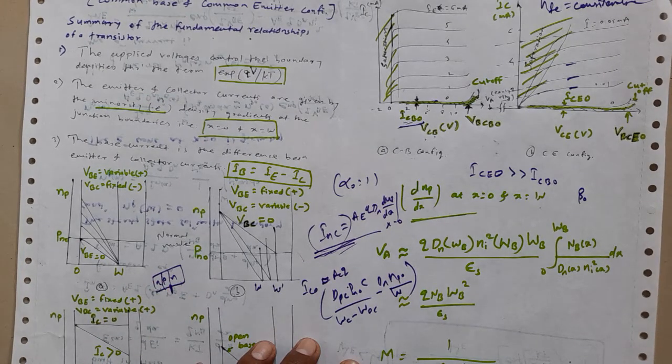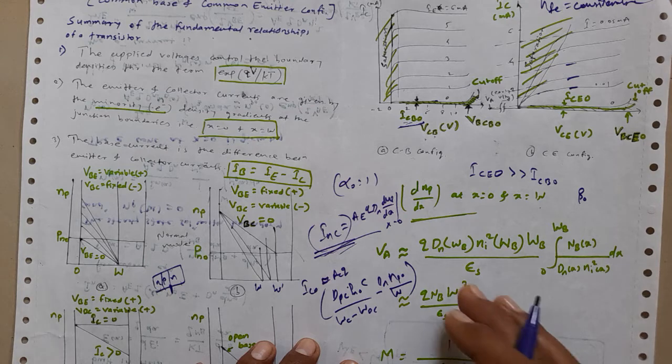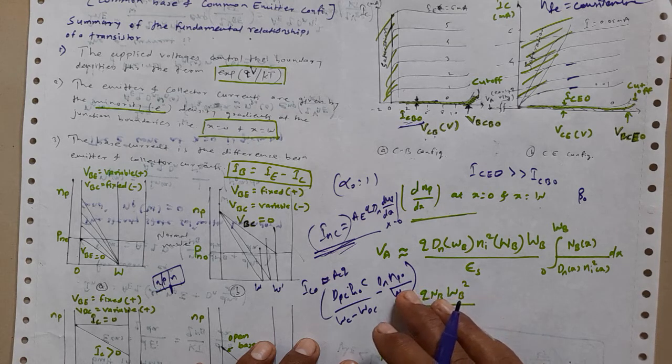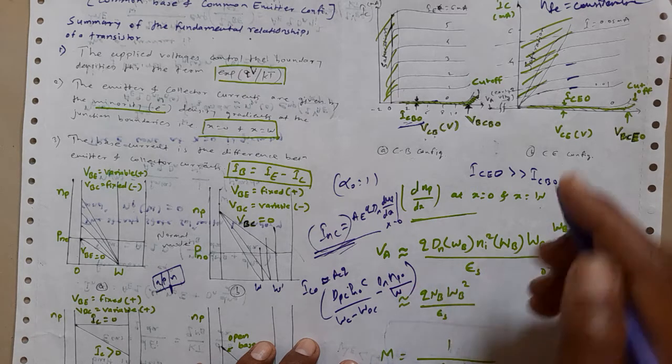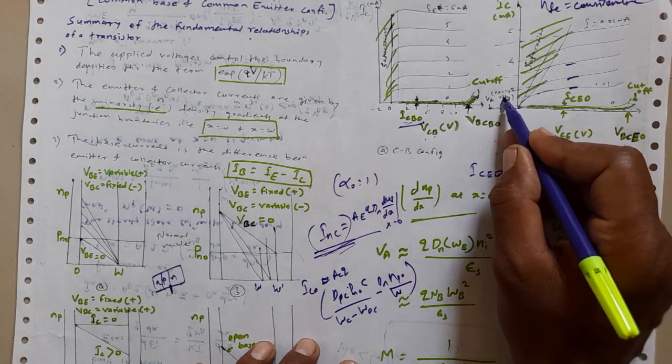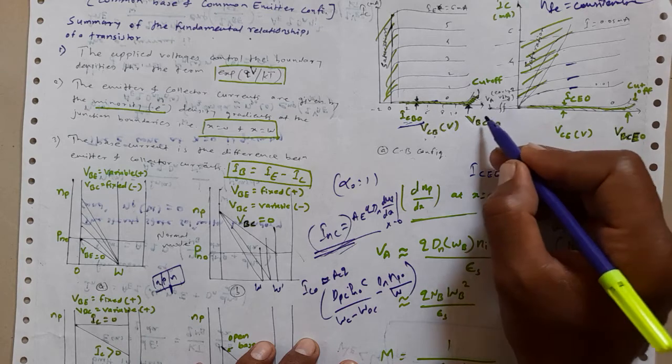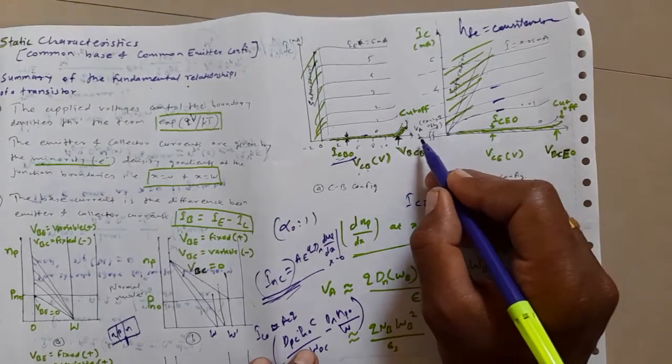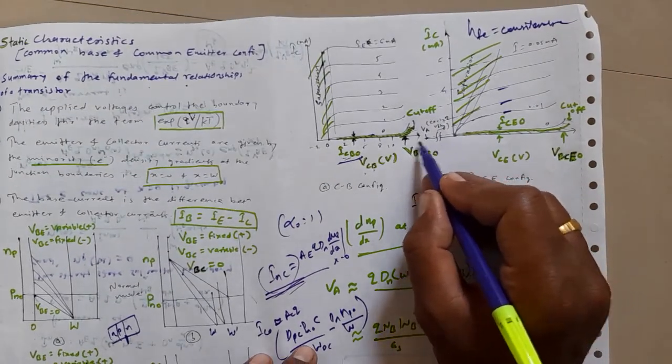Now this lack of saturation in the common emitter output characteristics is because of the large increase of beta 0 with VCE, and is referred to as the early effect. The early voltage can be seen over here. The voltage VA is on the negative side of the graph.